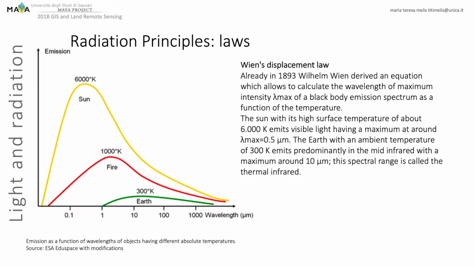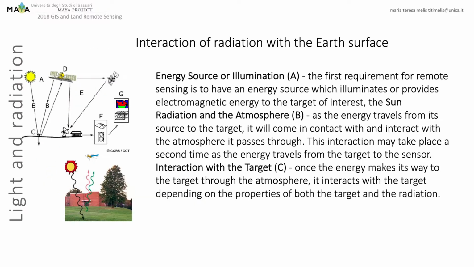As you see, all the data that we collect from a sensor is highly correlated with these laws, and the emission, in particular the emission of radiation from an object, is a function of the wavelength. So objects with different temperatures can emit radiation in different wavelengths, and so it's very important for remote sensing.